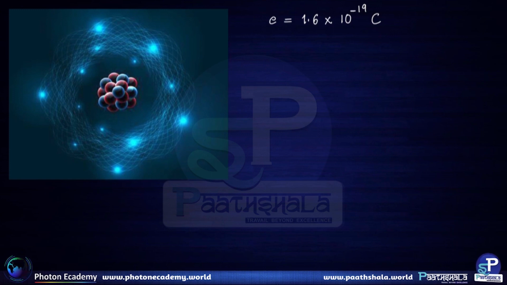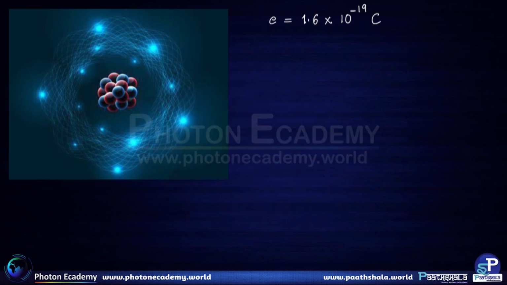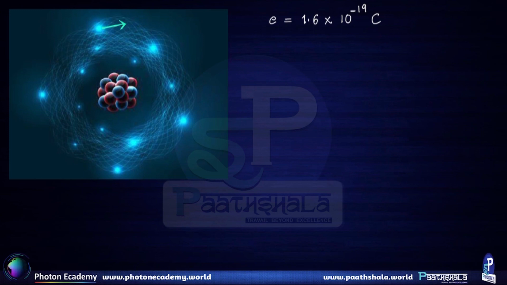Typically, these electrons are moving so fast around the nucleus that they form an electron cloud. If we go deep into the concepts of quantum mechanics, then we would rather say that the electrons exist as wave particles rather than only particles. To be more precise, they exist as waves and they appear as particles whenever they interact with some form of measuring systems.